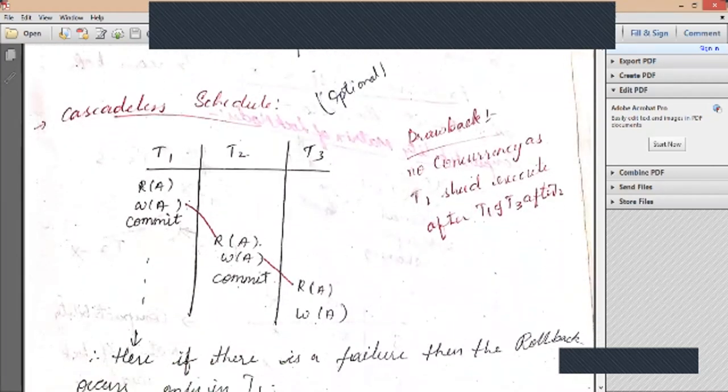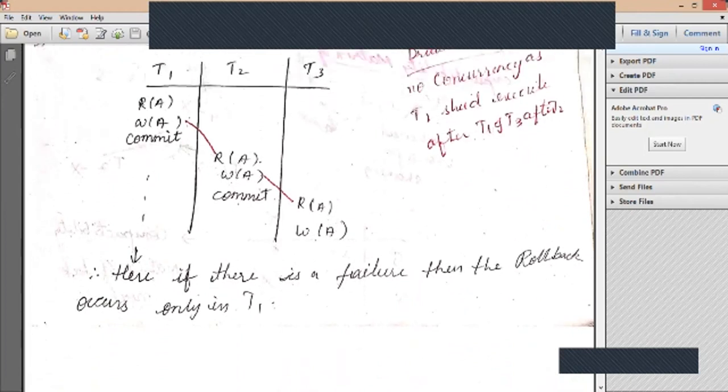Whereas for the cascadeless schedule, we push the commit up. After the operations of read A and read B, we commit it. Next T2 reads the data from the database. Because this is committed, it reads whatever is in the database, writes to it and commits. This is called a cascadeless schedule.